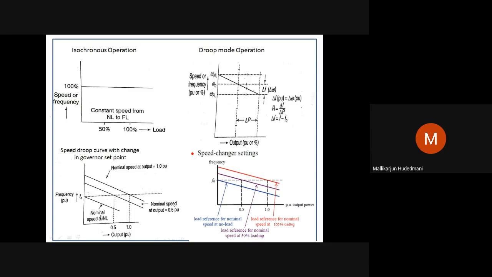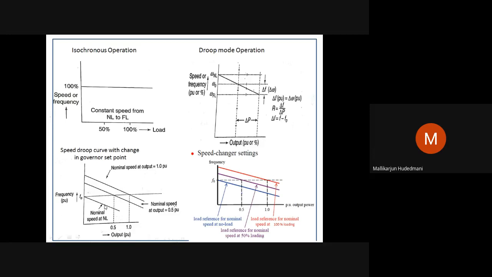At that point, it is called nominal speed at no load. Then the power output is something else here, called no load output. Then if you want to encash 50% of that output, you have to open the valve such that R% based control. Then definitely this line is shifted forward.